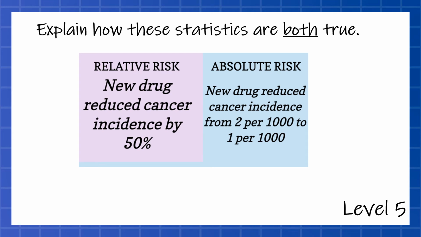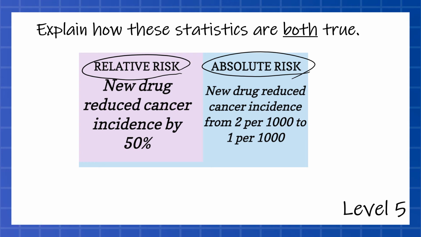Not necessarily. Because if we're talking about this, we need to recognize whether we're talking about relative risk or absolute risk. When we talk about relative risk, we're looking at the situation that we're dealing with. But absolute risk talks about the big picture. The big picture is, in real numbers, how many people got cancer.